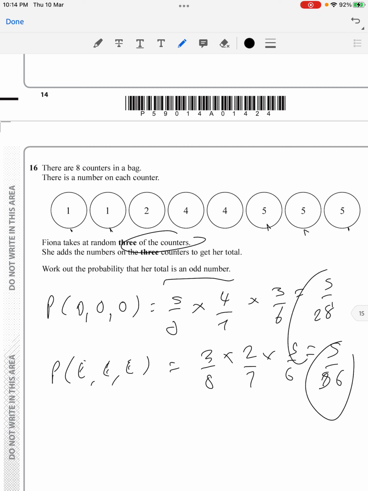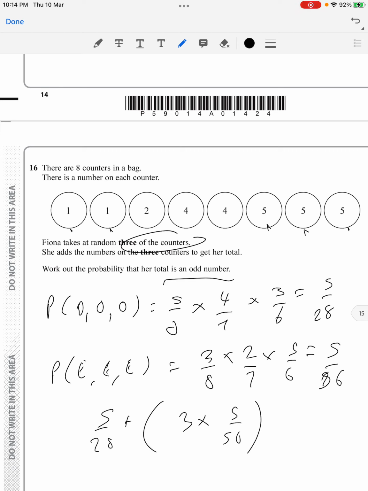Now you can use the same things again because it's the same sequence but a different rearrangement. Okay, now what you do is 5 by 28 plus 3 times 5 by 56. That should be giving you your answer, your major answer as 5 by 28.